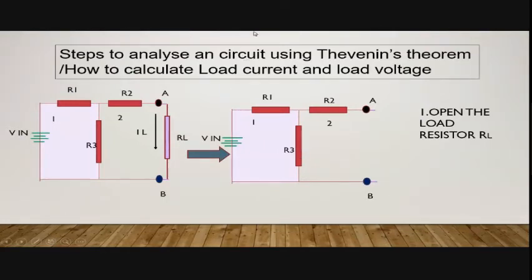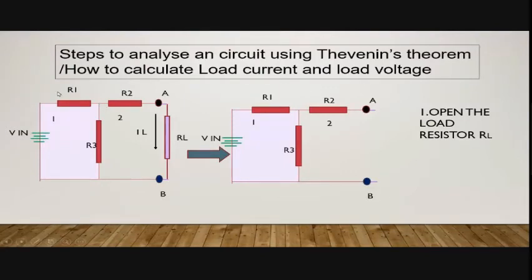So here, this is your circuit. Let me explain the circuit to you first. In this circuit, you have a voltage source V in. Here you have three resistances R1, R2 and R3. Now I am using resistance here, but you can have an impedance also.